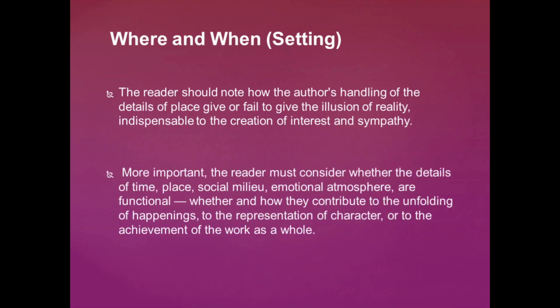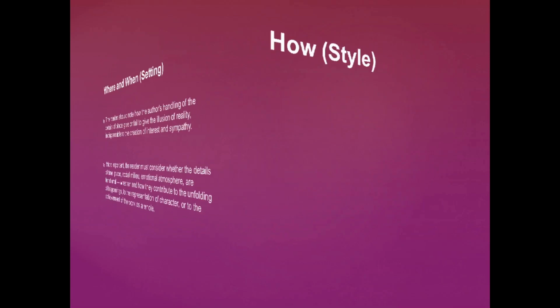More important, the reader must consider whether the details of time, place, social milieu, and emotional atmosphere are functional within the expression. Whether and how they contribute to the unfolding of happenings, to the representation of character, or to the achievement of the work as a whole is very important in determining the setting of the expression.